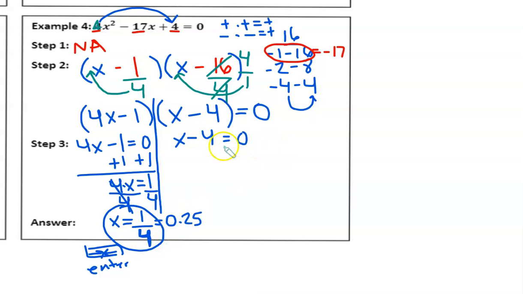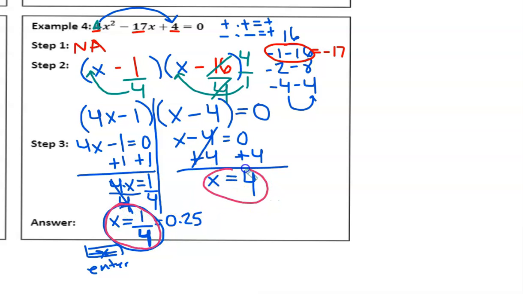All right, the other side, I had x minus 4. So to undo a minus, I'm going to add to both sides. Negative and a positive, zero out. I get 0 plus 4 is 4. So my two solutions are x is 1/4 and x is 4.